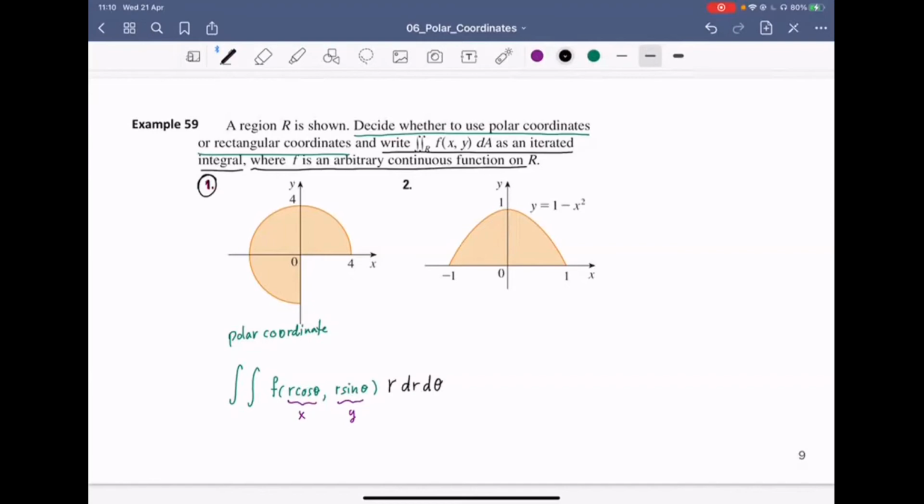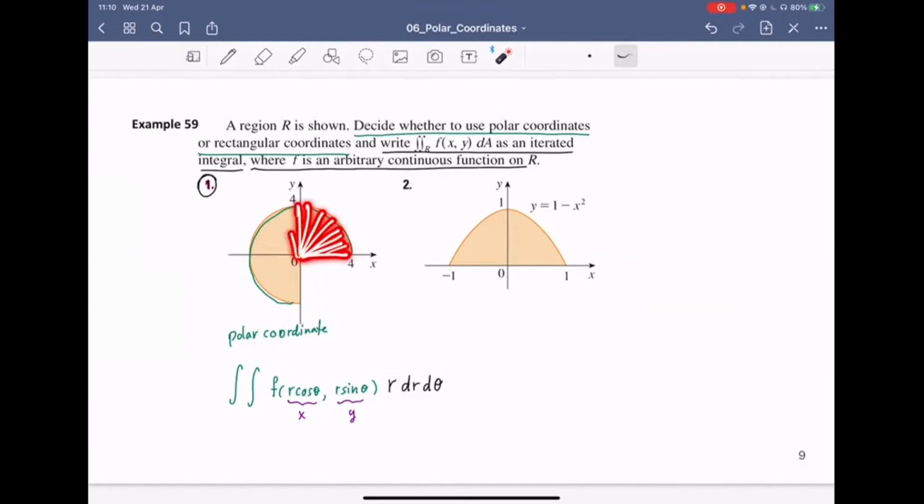And then r is going to be from where to where? So look at that. r is going to be from the bottom curve, which is actually 0 now, because you have no bottom curve, and the top curve is going to be here, right? Because you can see that every time you draw a line on the polar coordinate, every theta, you start from the pole, and then you hit the circle.